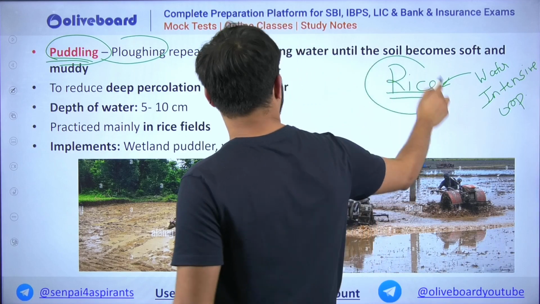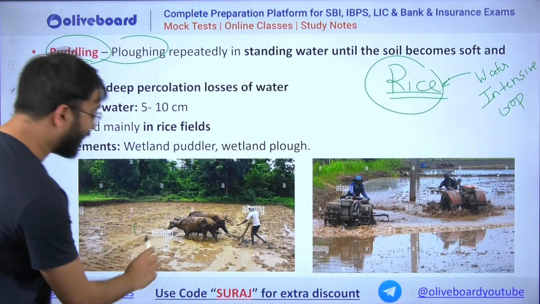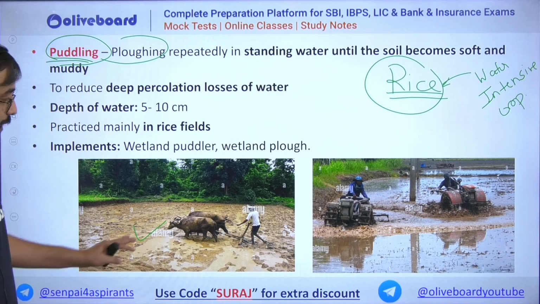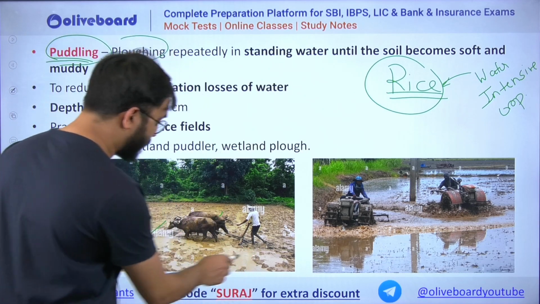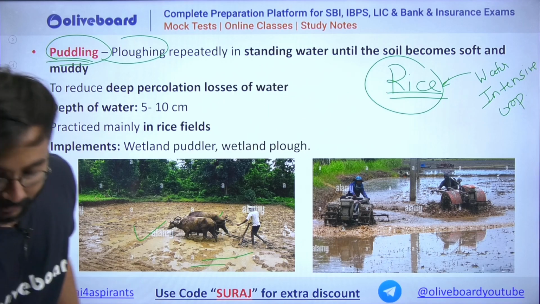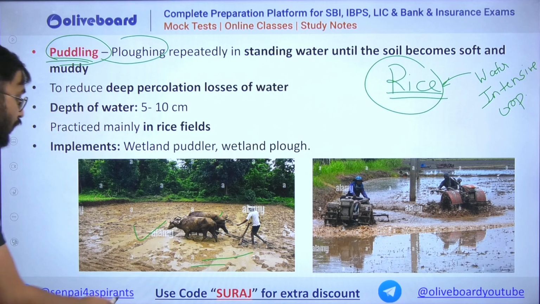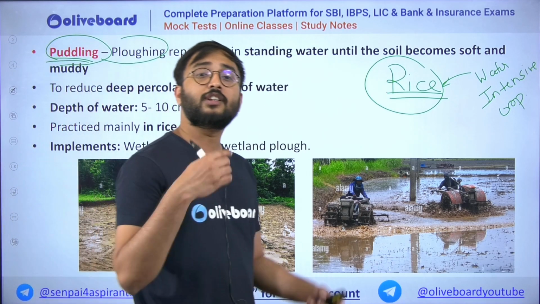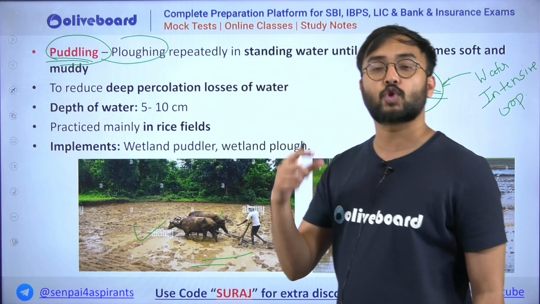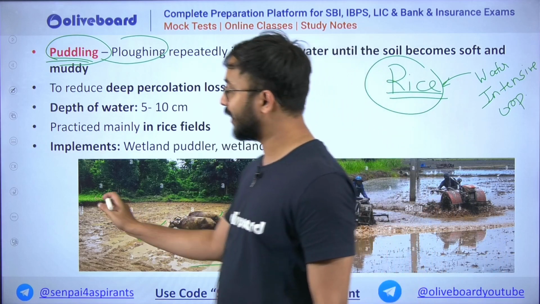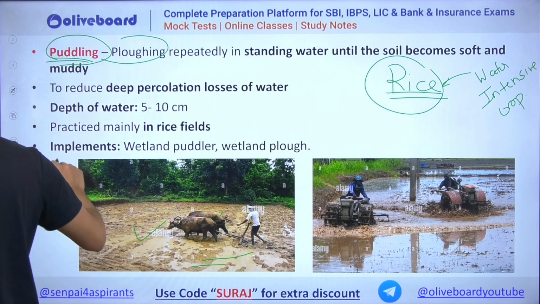So because of this, the field preparation for rice is always done in waterlogged condition. Waterlogged in the sense of water filled condition, in which continuous plowing is done, intermixing of mud, intermixing of soil in water is done in such a way that a muddy condition is achieved.